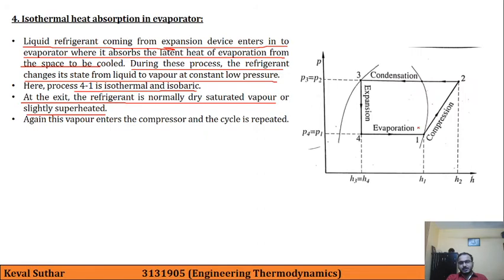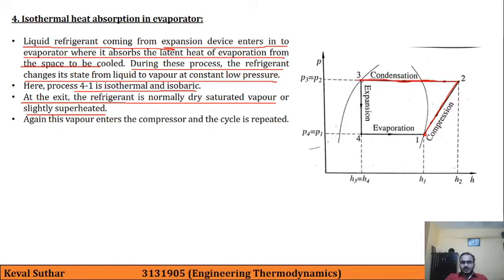Now let's discuss this pH diagram. Here we will again begin at point number 1, and this is the compression process. So enthalpy is increasing and pressure is increasing. The entire condensation process is happening at constant pressure. So it is like this, enthalpy is being reduced because heat rejection is happening in the condenser.